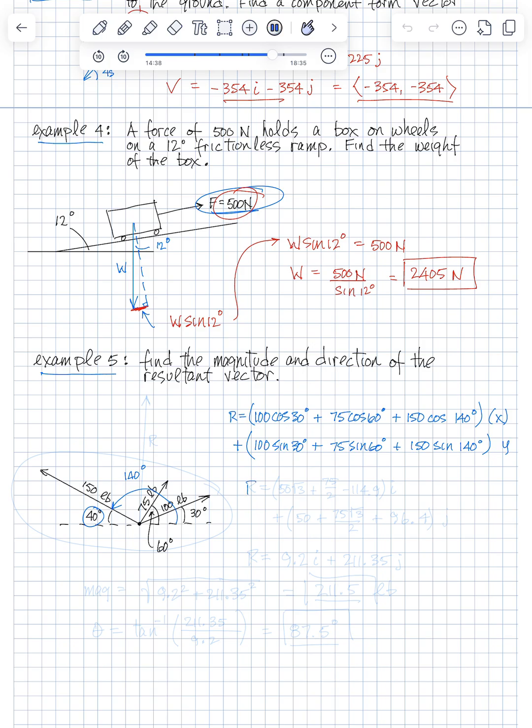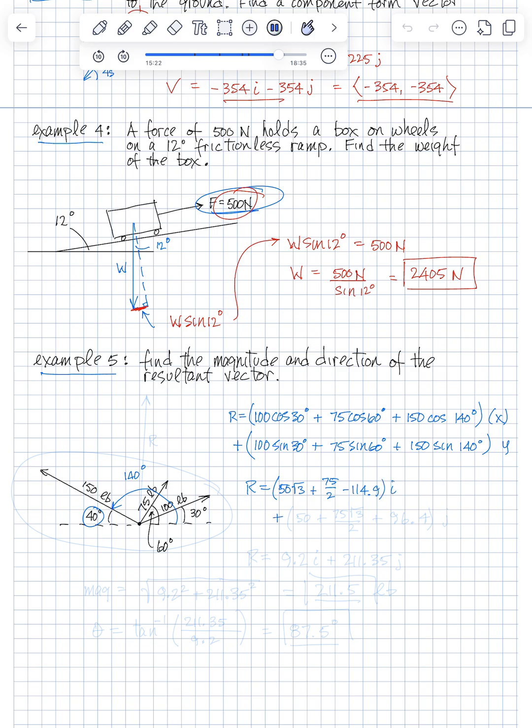And so R is equal to, if we add up the x components, 100 cosine 30, which is 50 square root of 3, 75 cosine 60 is 75 over 2, and 150 cosine 140 is a negative 114.9. This is the i.